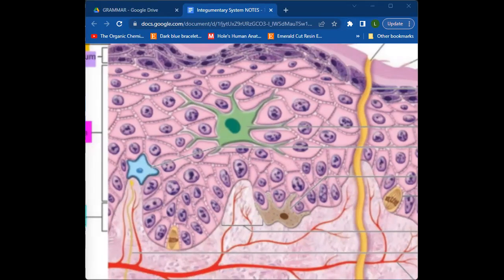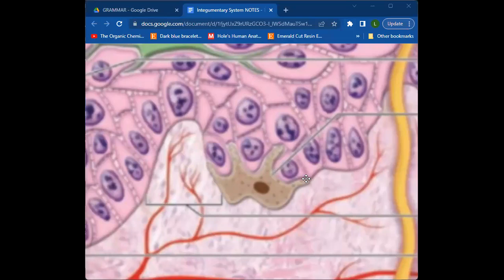The blue star-shaped cell is a Merkel cell, helping with sensation. And then you can see that the brown cell at the very, very bottom is the melanocyte.